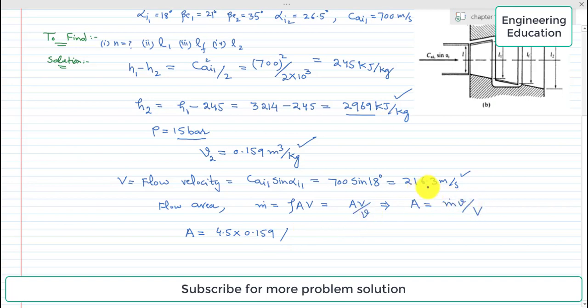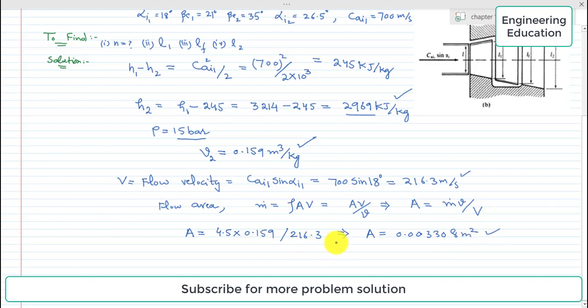Also the value of flow velocity is 216.3 meter per second. So simplifying this, the area comes out 0.003308 square meter.